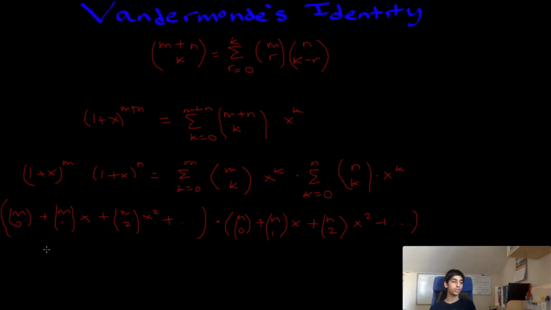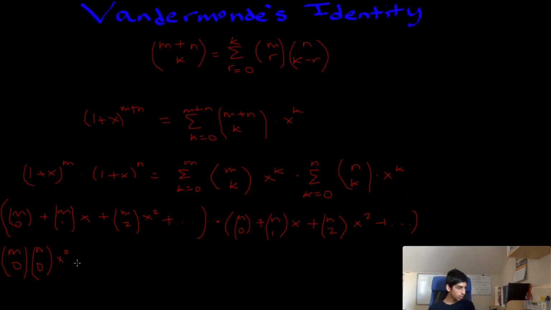Alright, so now we can just expand this product out. So we would have m choose 0 times n choose 0 times x to the 0, which is just 1, but you'll see why I included that in just a second.